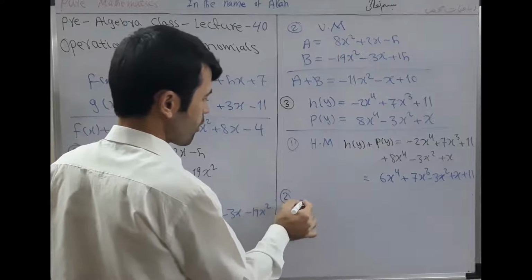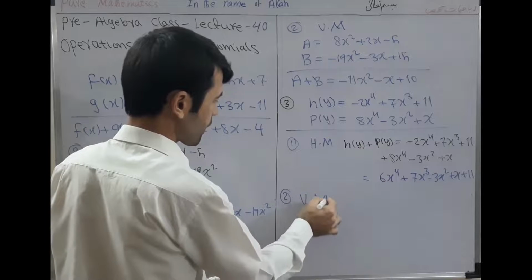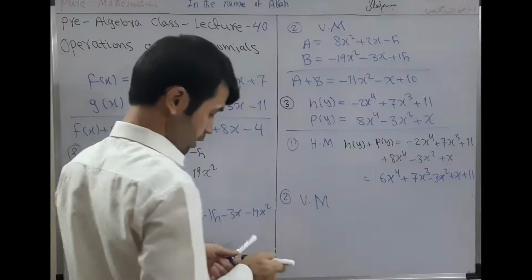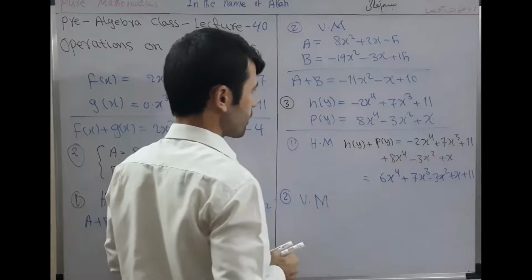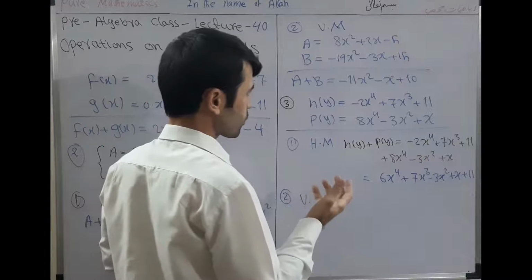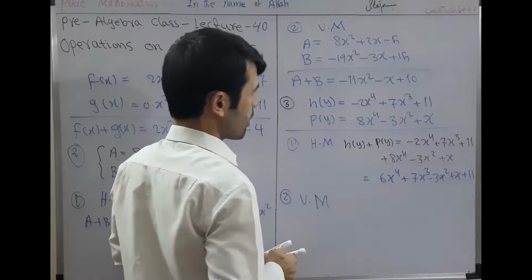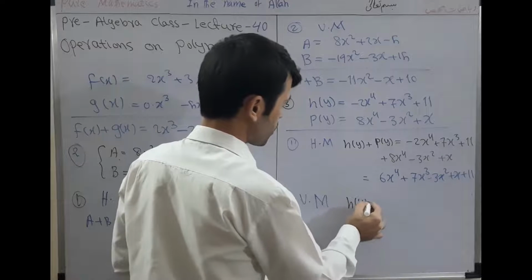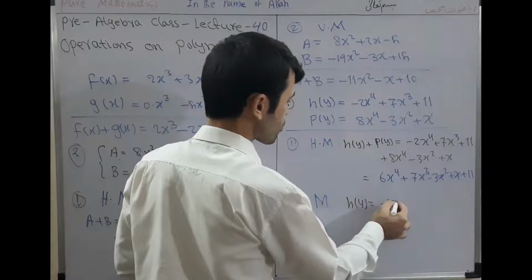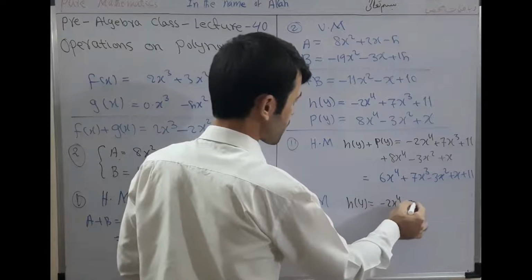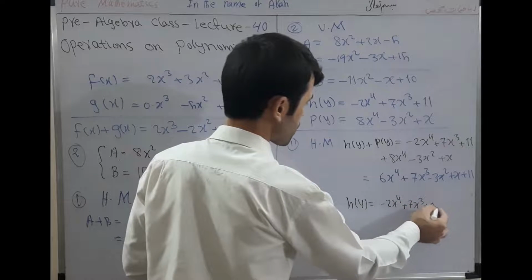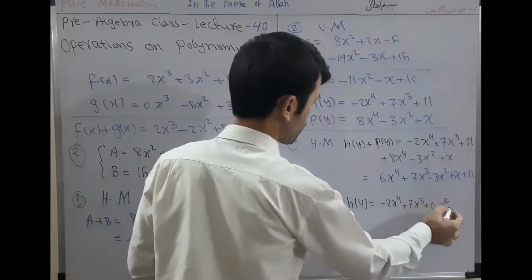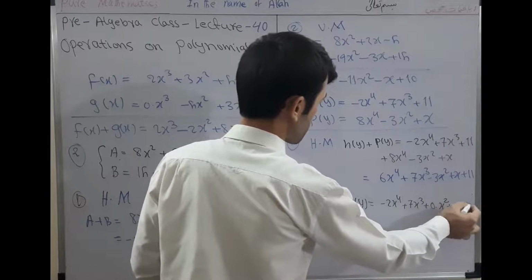Second one, vertical method. Here first we want to write the polynomials. We want to arrange them. h of y is equal to minus 2x to the power 4 plus 7x to the power 3 plus 0 into x to the power 2 plus 0 into x plus 11.